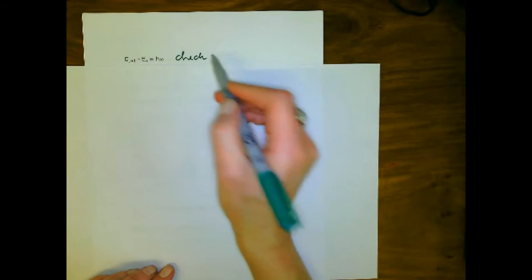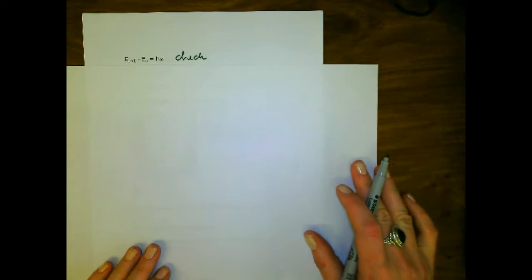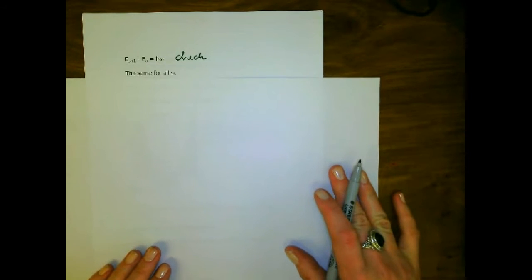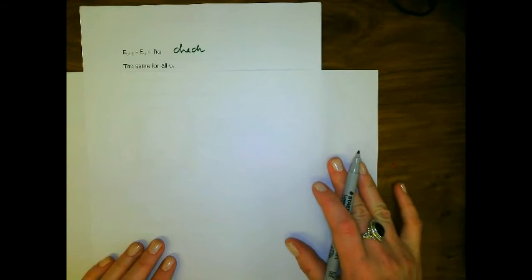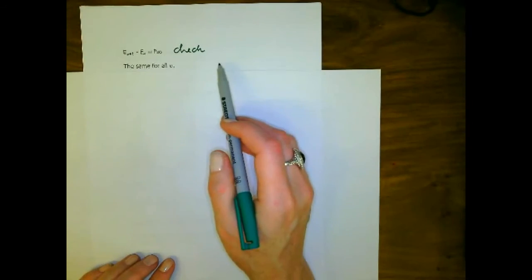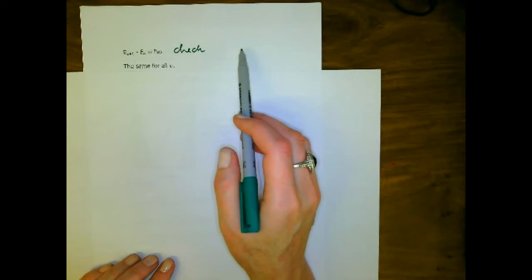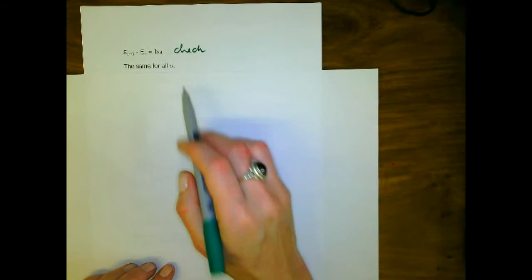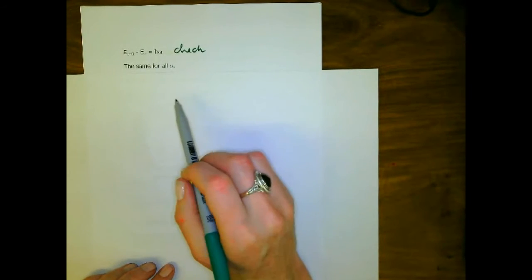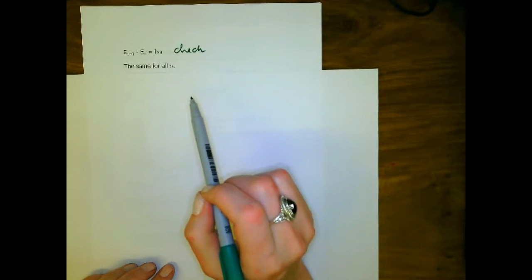And I want you to go and check that in your own time. See if you agree with that. And if you do that for any pair of consecutive levels, you actually find exactly the same value. So it's the same for any upsilon and upsilon plus 1 levels.